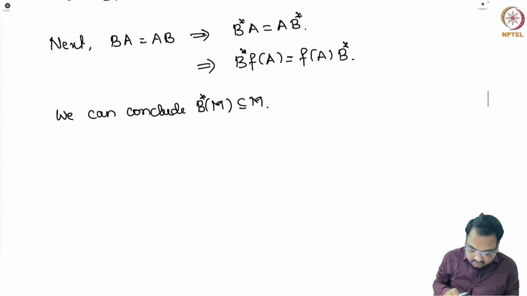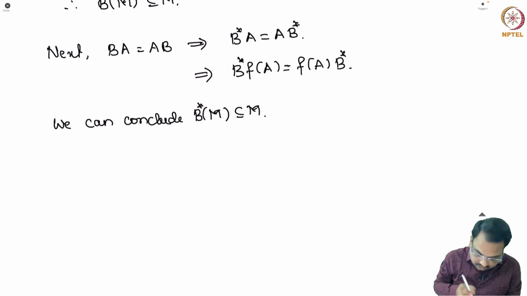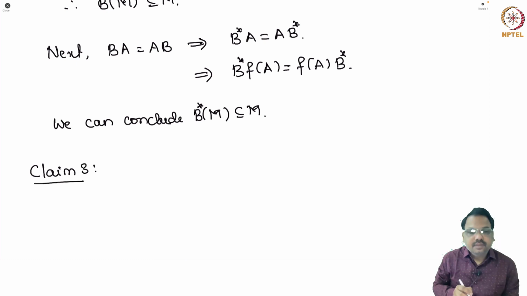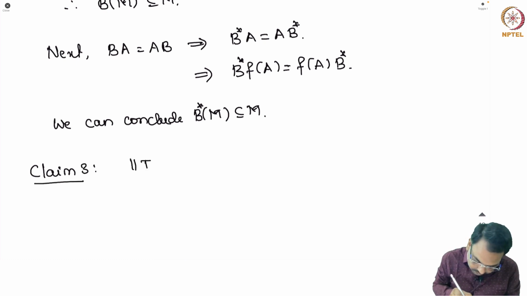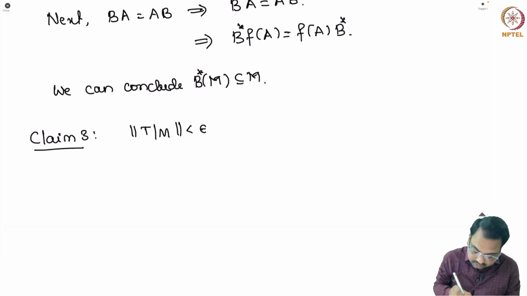So, next claim is that we want to show that the norm of T restricted to M is less than or equal to epsilon. So, claim 3: norm of T less than or equal to epsilon or some term involving epsilon. Here we show that it is epsilon by 2 square root of epsilon.